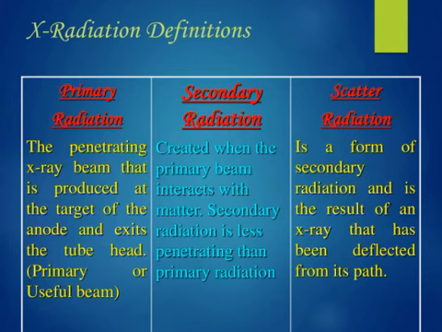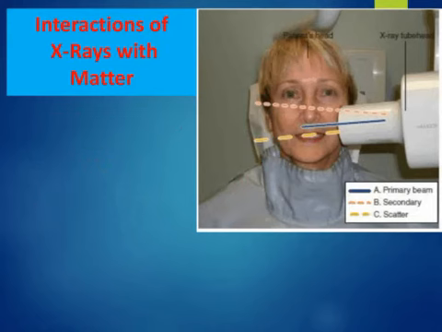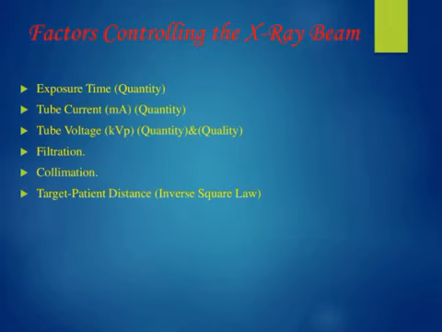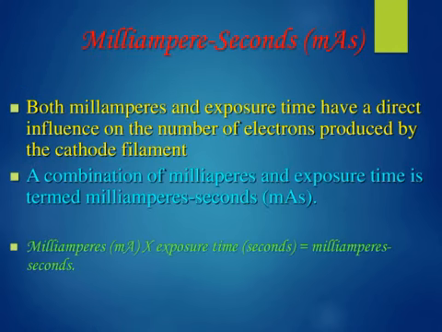Okay, so primary comes out of the X-ray machine; secondary hits the matter; scattered hits the matter and gets diverted. So the interaction of X-rays with matter can basically be of three types. That means it can get absorbed, it can get scattered, or it can get both scattered and absorbed.